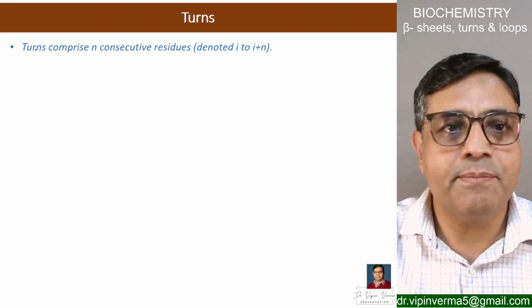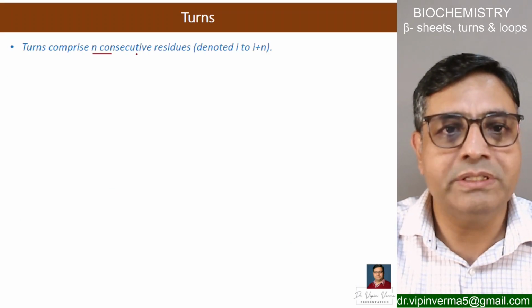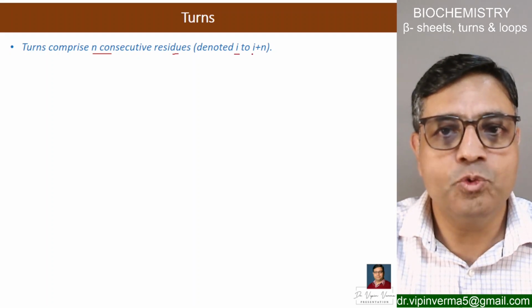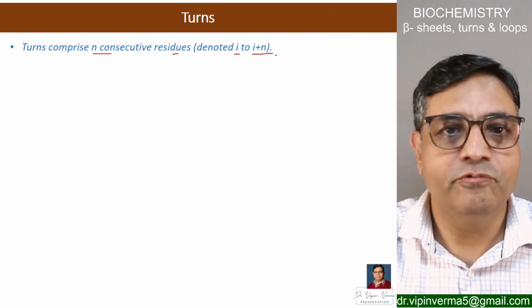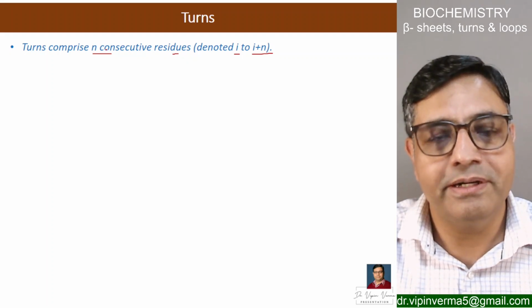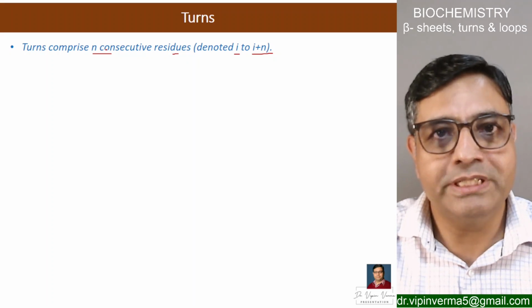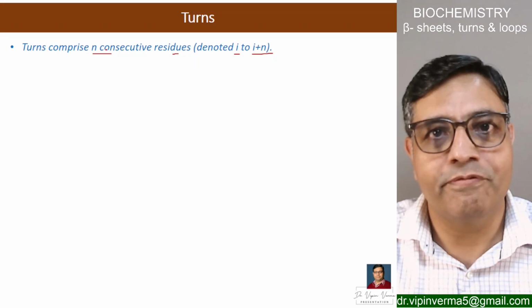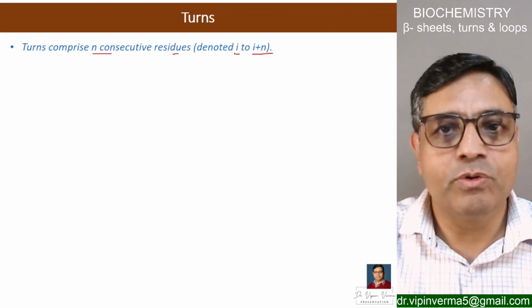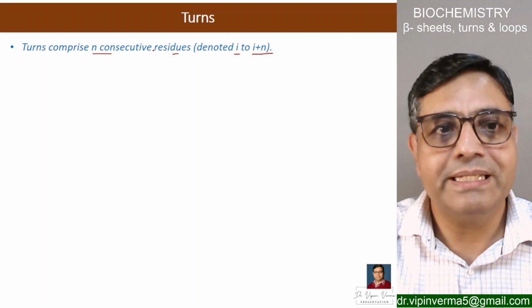Now turns comprise n consecutive residues, therefore it is denoted i to i plus n. We don't know how many residues are there. n may be a different positive integer. It may be 2, 3, 4, 5, 8, 10, right? So it is denoted i to i plus n.